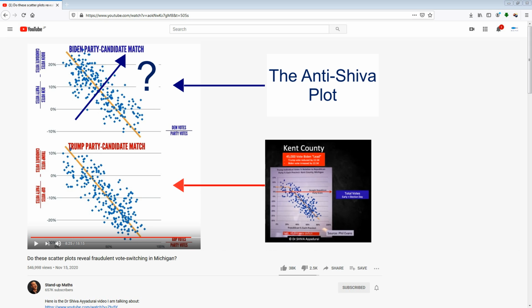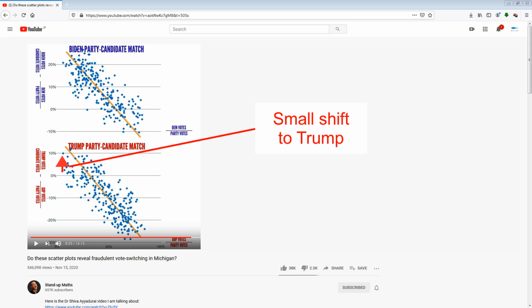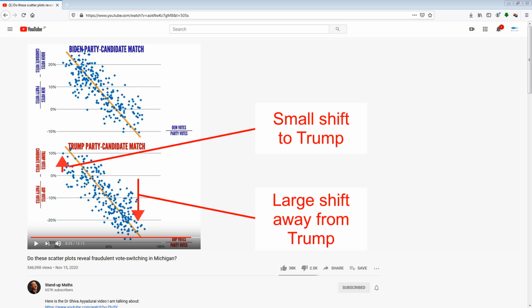It's this last step where I think there's a misunderstanding, and here's why. Matt says you would expect the anti-Shiva plot to show an upslope. To explain why this is a misunderstanding, let's look back at what we said about the Dr. Shiva plot earlier. We said the Dr. Shiva plot shows a small increase of Trump votes in the low Republican areas and a large decrease in high Republican areas.